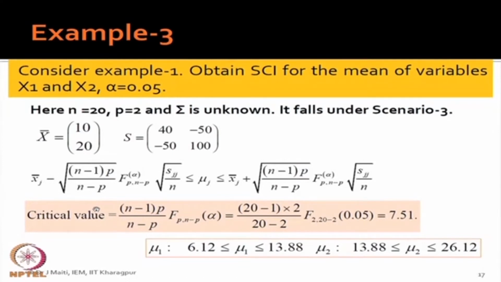I am sure that is possible, and you see that these are the intervals. Which one? The whole square root, including F p, n minus p, alpha; there is a whole square root.